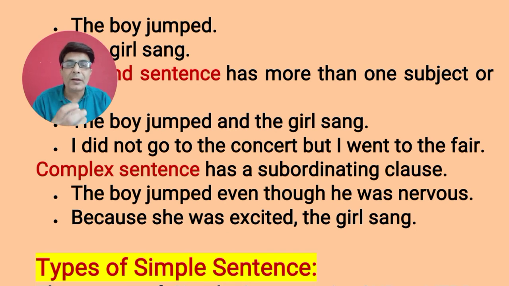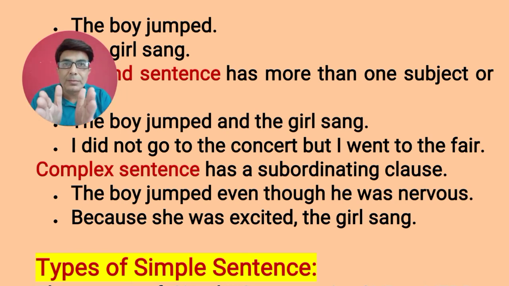In the same manner, we can also have third type of syntax in English, and that is complex sentence. What is a complex sentence? A complex sentence is one which has some subordinate clause. Okay, like the boy jumped even though he was nervous. Here you are giving some explanation, okay, by subordinating another clause.